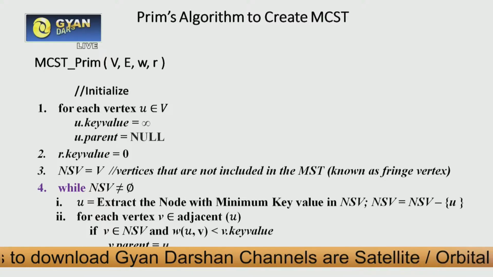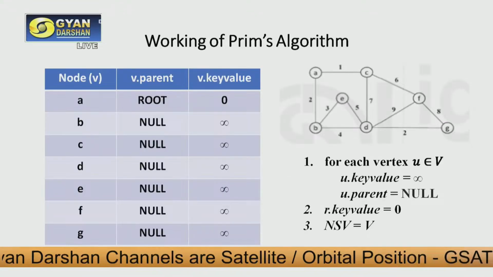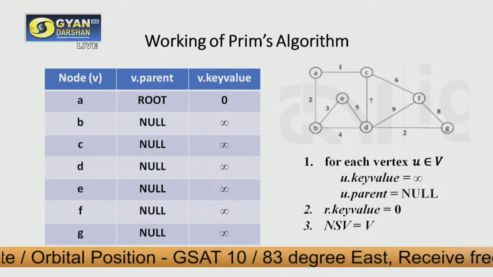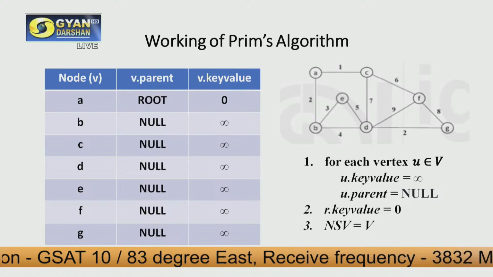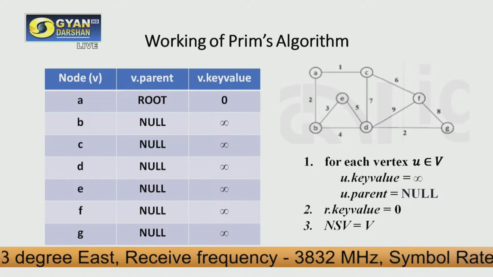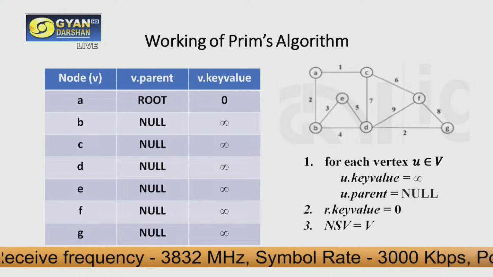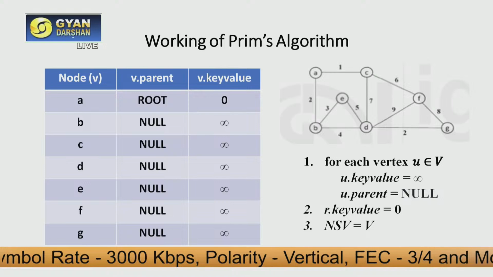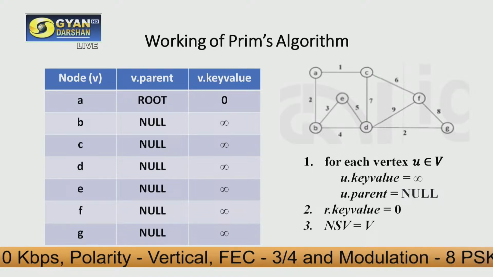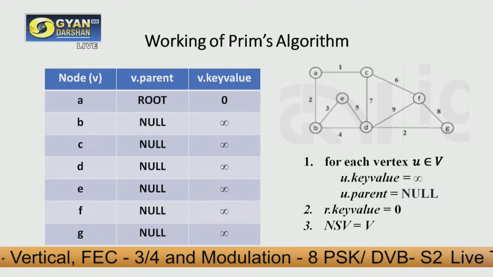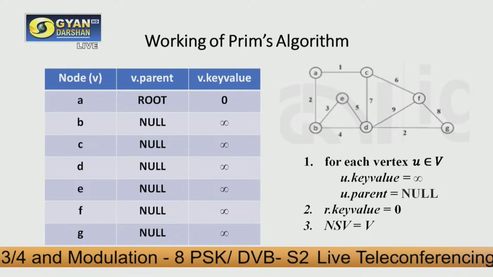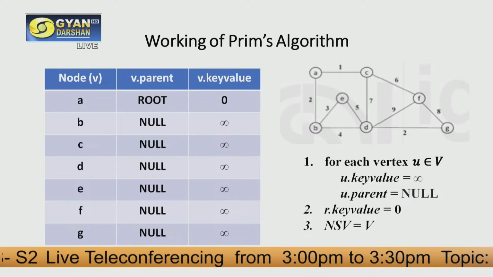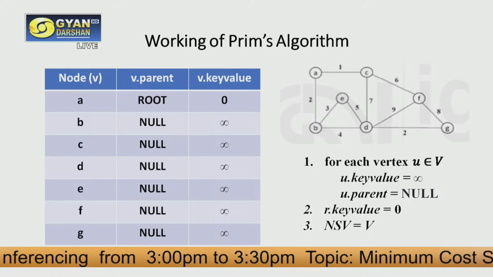This will be more clear when we discuss the example. Let me take this particular example to explain the working of Prim's algorithm. As I told, the first 3 steps are the initialization steps. Here in this graph we can see that there are 7 vertices, namely A, B, C, D, E, F and G, which are represented in the first column of the table. Then we initialize the parent for every vertex.